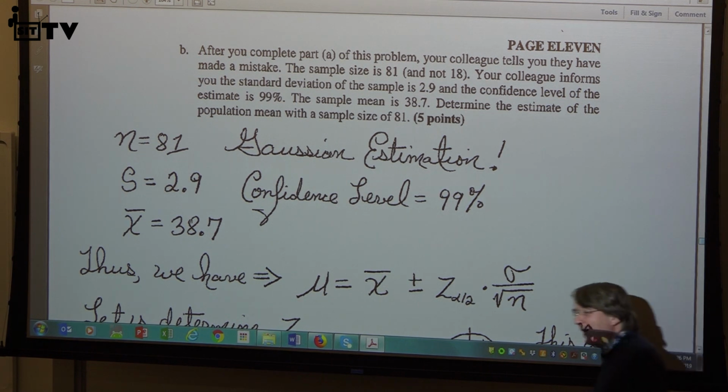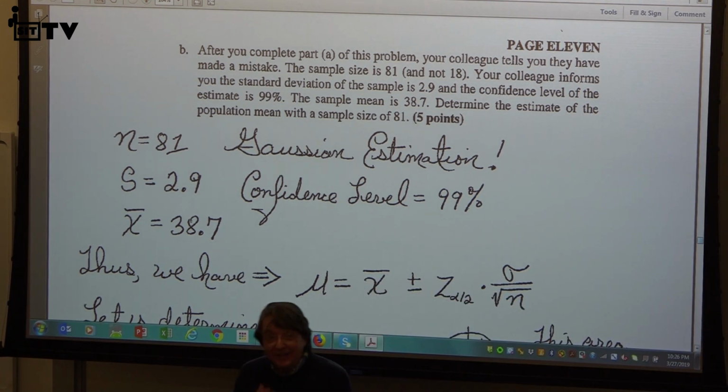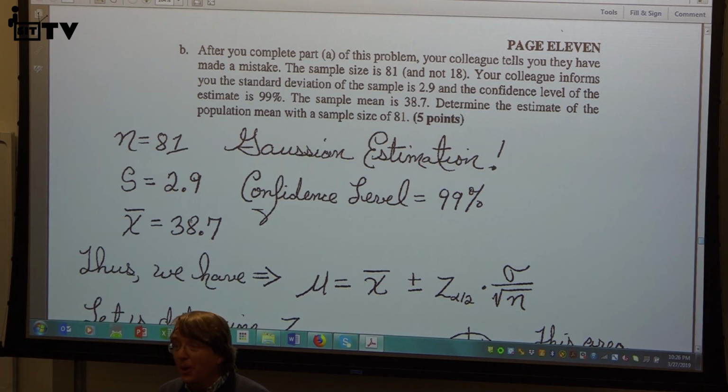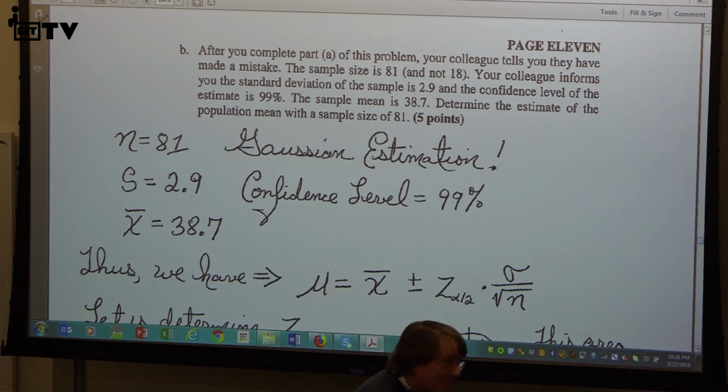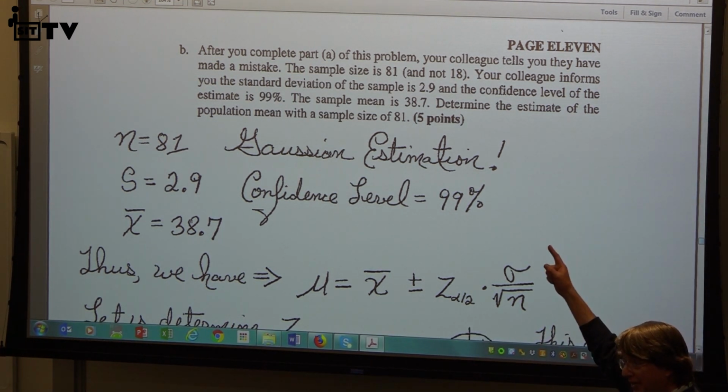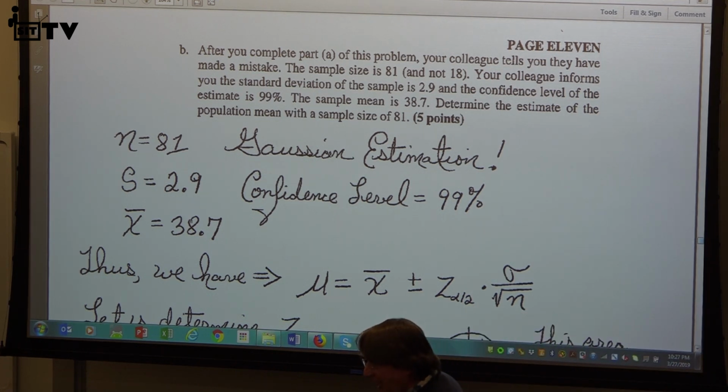I say, oops, my colleagues, I made a mistake. Did I say we measured 18 times? Oh, no, we measured 81 times. Oh, there was a typo. So now what's big about 81? Greater than 30. So, Matt, what do we do? Same thing, different table.